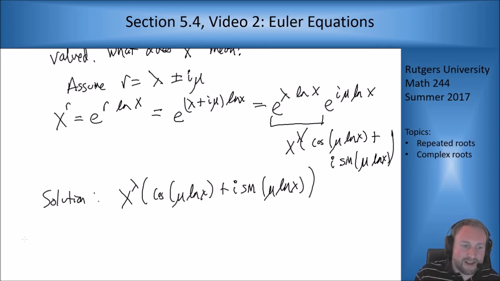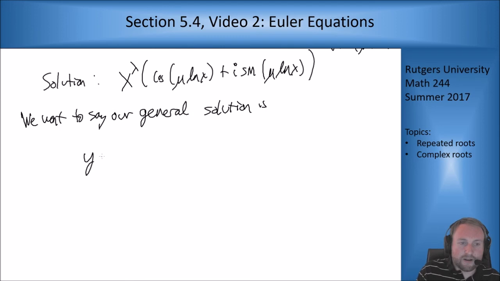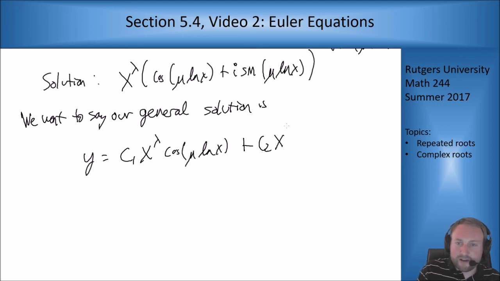So we want to say our general solution is y equals c1 x to the lambda cosine of mu ln x plus c2 x to the lambda sine of mu ln x. I pulled out the real part and got the first with the cosine. The imaginary part got the second with the sine.